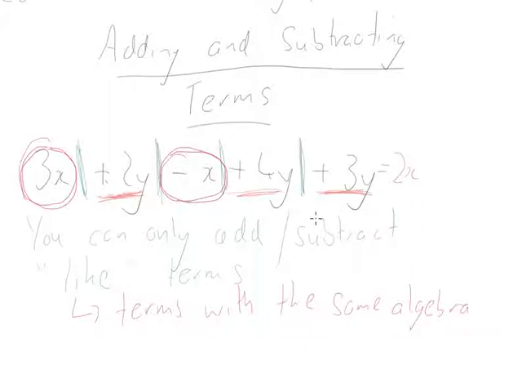They are slightly different color too. I know it's hard to tell. So going through, 2y and 4y is 6y, plus 3y will make plus 9y. So my answer for this question is 2x plus 9y.